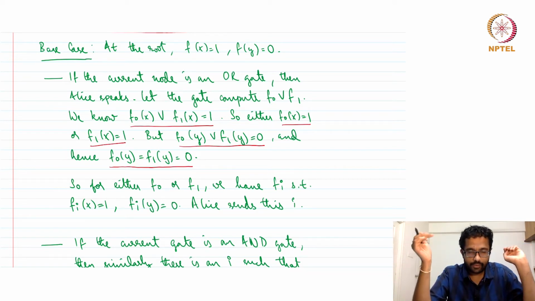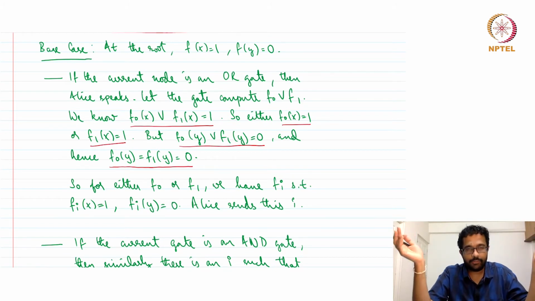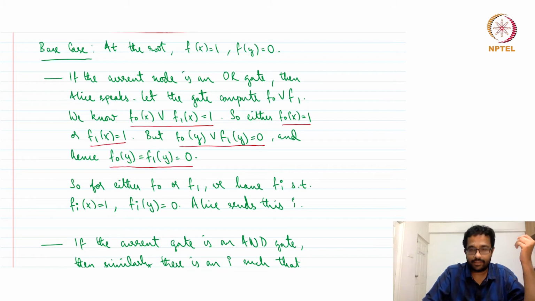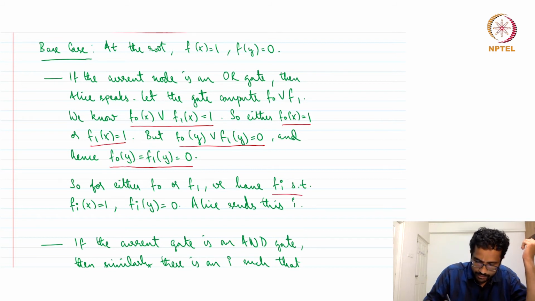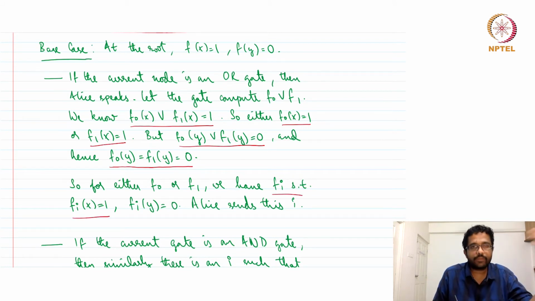Now Alice will say 0 if f0 of x is 1, and Alice will say 1 if f1 of x is 1. If both of them are 1, she could choose any one. Let's say she says 0. So there is an i, the subscript of f, such that f_i of x is equal to 1, and whichever i she chooses, f_i of y is 0, because f0 of y and f1 of y are both 0. So whatever that i is, Alice sends that i.